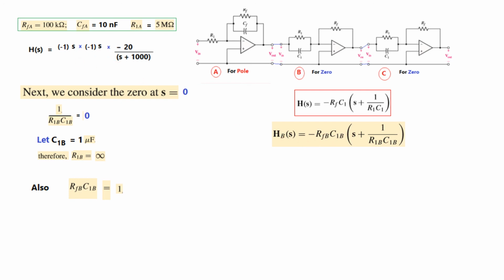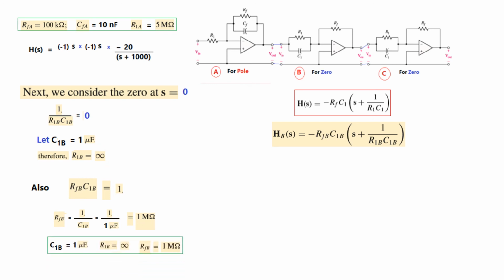So RFB C1B is equal to 1, and RFB is 1 over C1B, and plugging in the value of 1 microfarad, we get RFB to be 1 mega ohm. So these are the three values for the zero circuit. Now since the second circuit B and C represent the same transfer function s, they will have the same parameters.